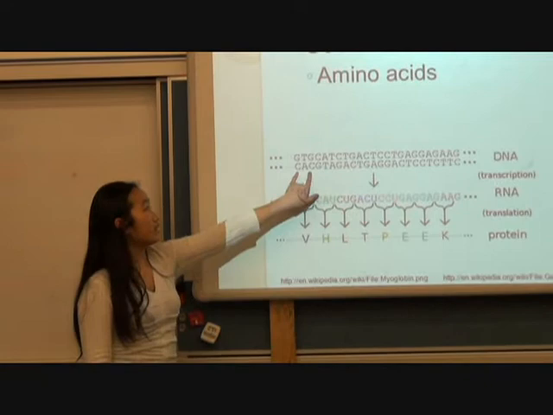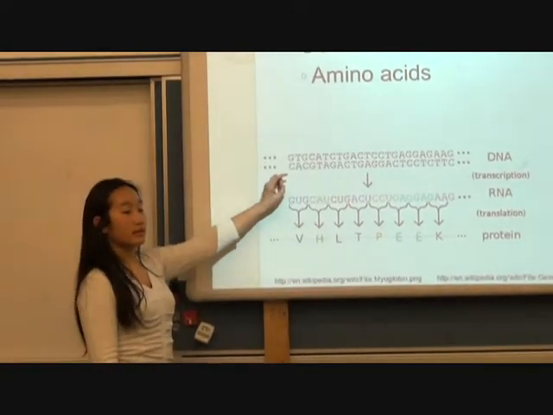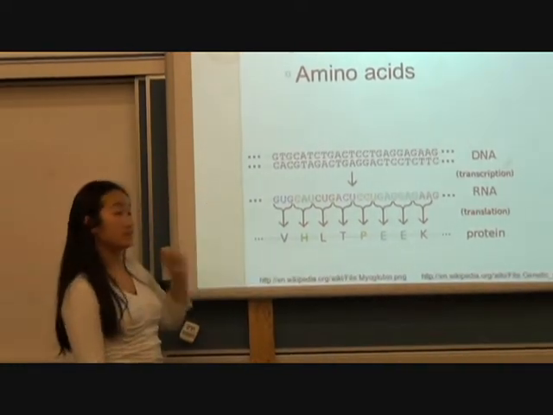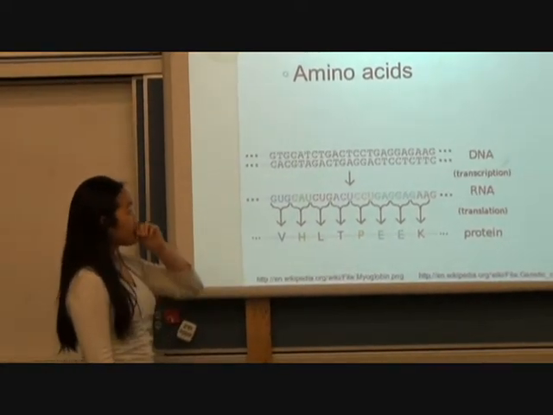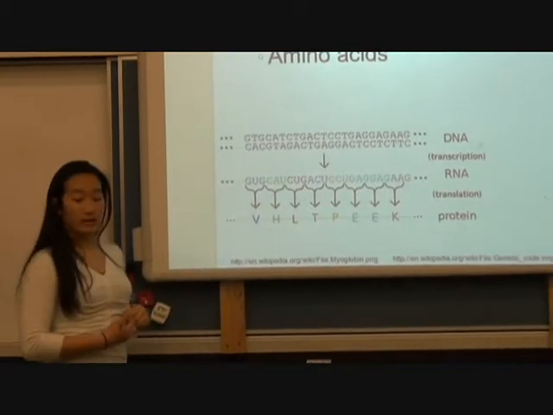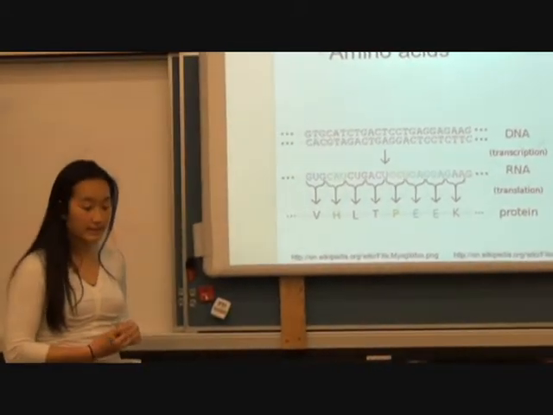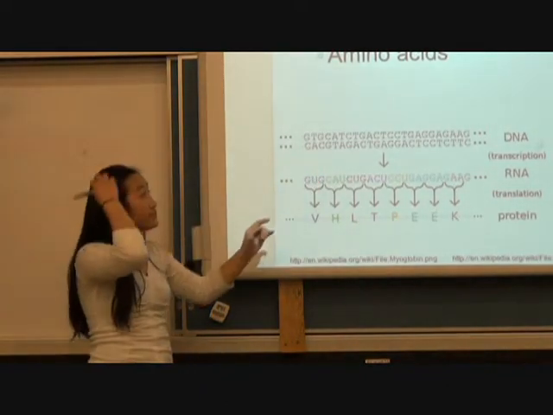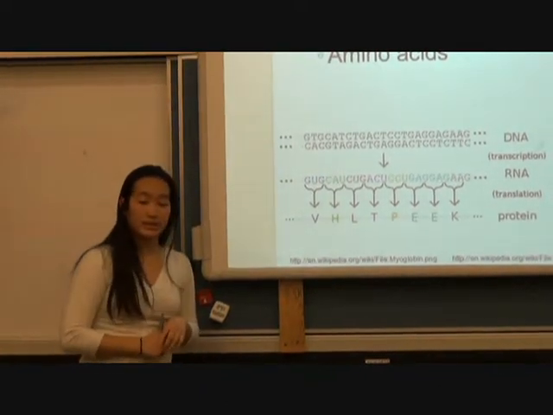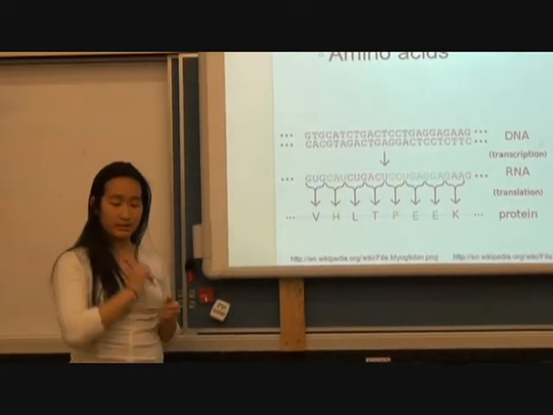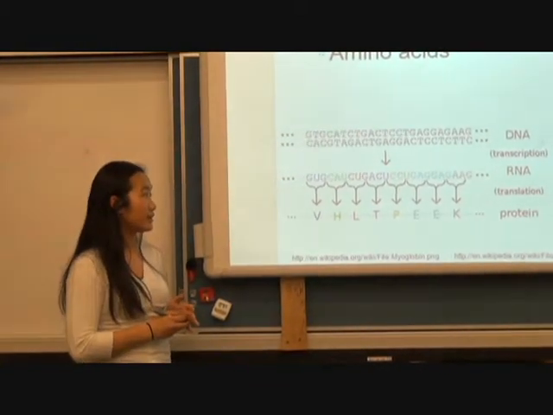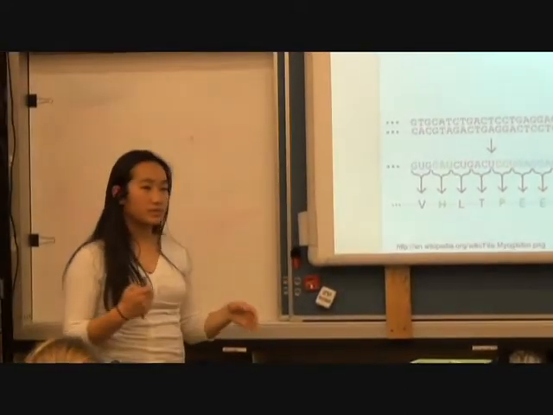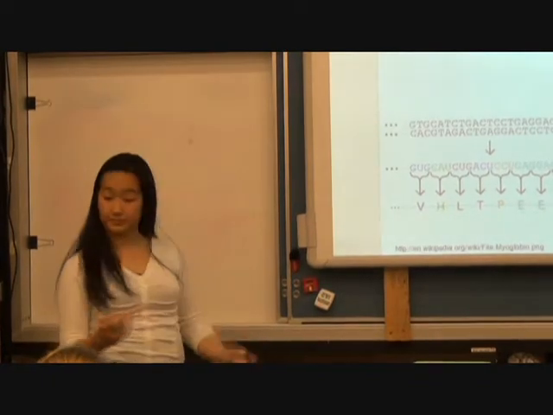So every 3 nucleotides will code for a single amino acid. There are 20 amino acids, and since you have a series of 3 nucleotides, you would have 64 combinations of nucleotides to create amino acids, which means that there would be multiple codons for a single amino acid.